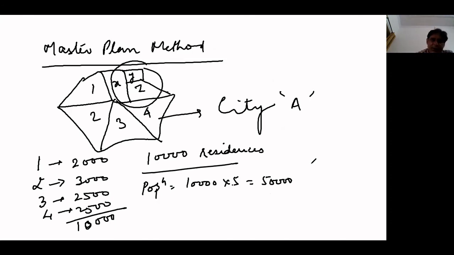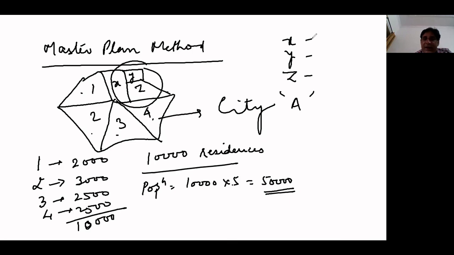Like the present population for the city is 50,000, which includes zones 1, 2, 3, and 4. But if this city is to be expanded further in 3 more zones, say X, Y, Z, with the area demarcated as shown in the figure, then each area is to be taken separately.